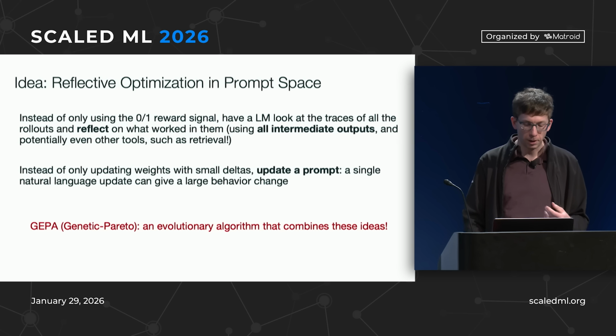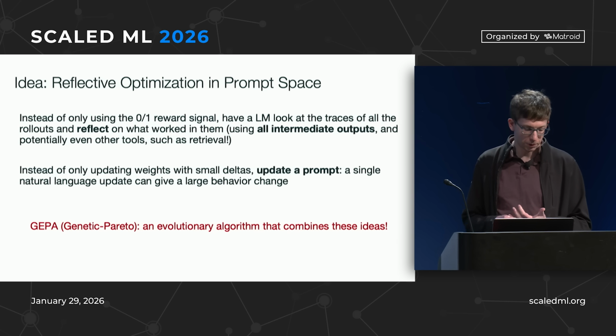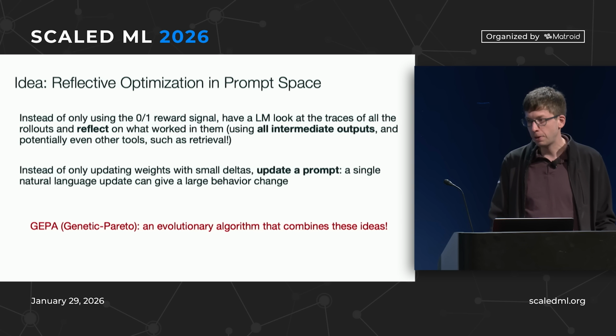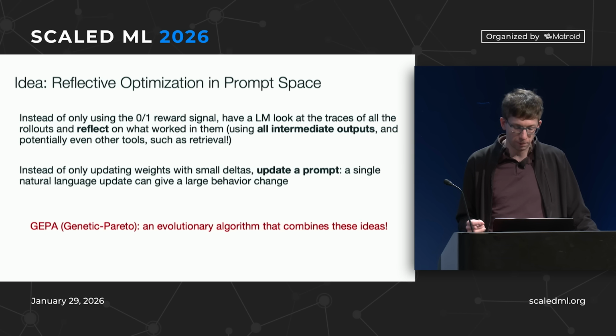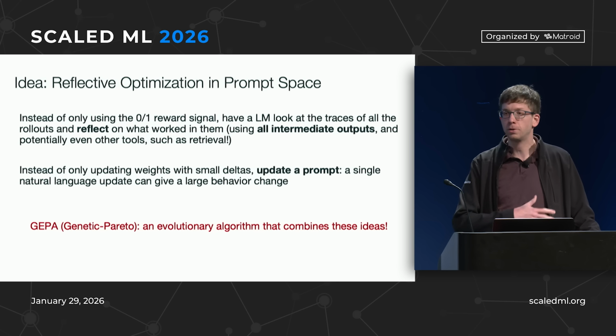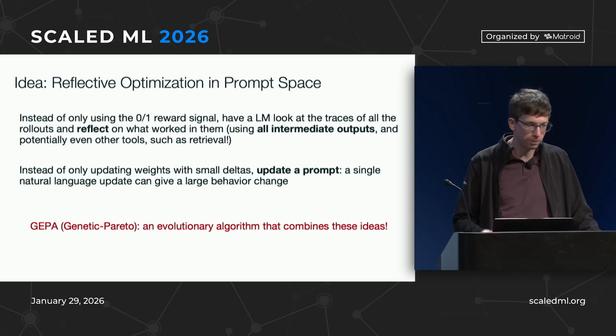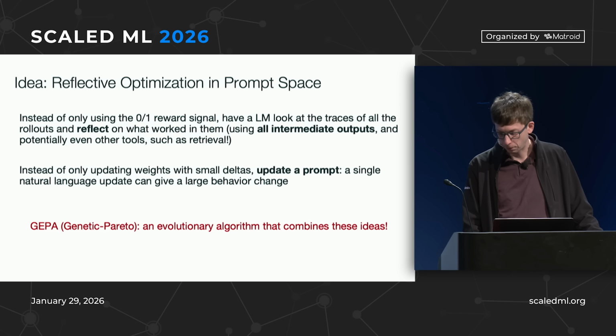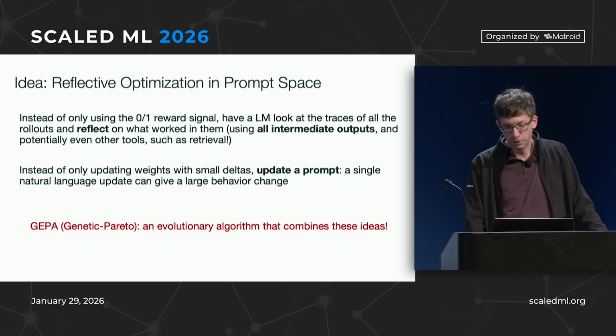The latest algorithm we have for this is called GEPA, which stands for genetic Pareto. It's basically an evolutionary search algorithm that combines these ideas. There's a lot of other work on this kind of stuff, but GEPA is one open source option, and it's quite widely used now. So I'll tell you a little bit about how it works and what it can do. There are two things I want to convince you of.